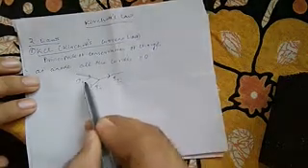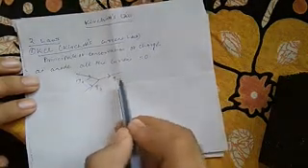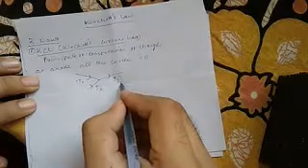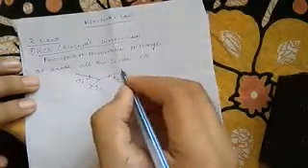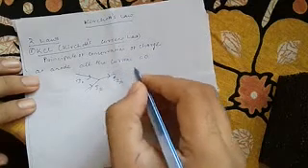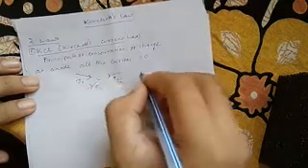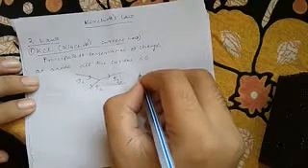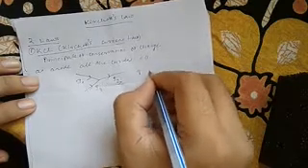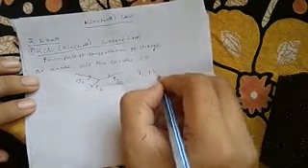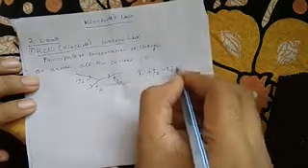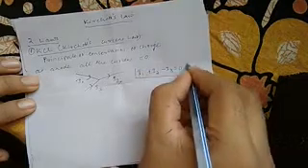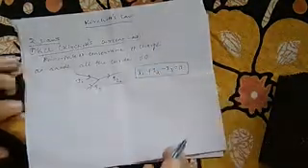Two incoming currents I1 and I2 and one outgoing current I3. So if we take the incoming as positive and outgoing as negative, by applying KCL we get I1 plus I2 minus I3 is equal to 0. This is the application of Kirchhoff's current law.